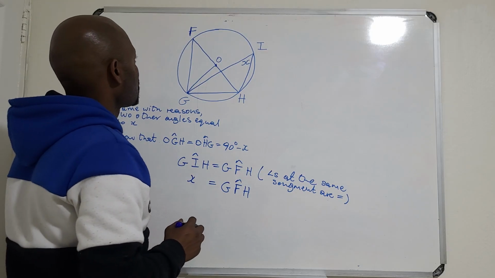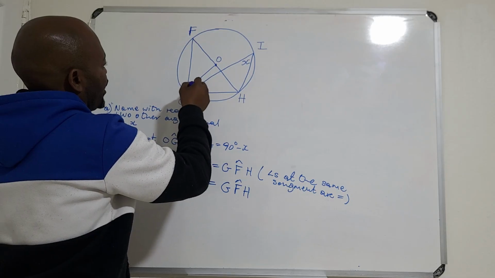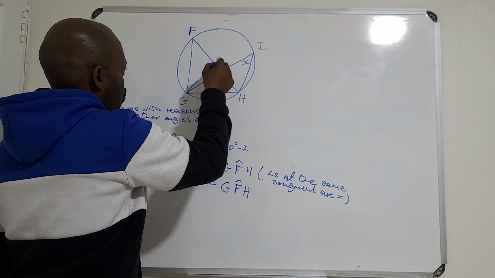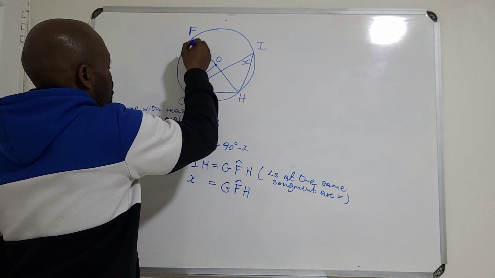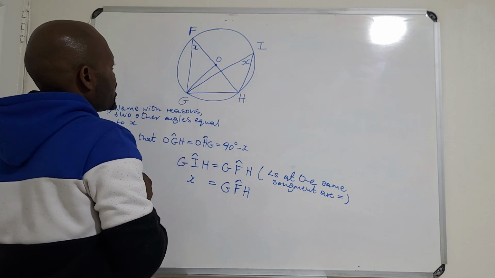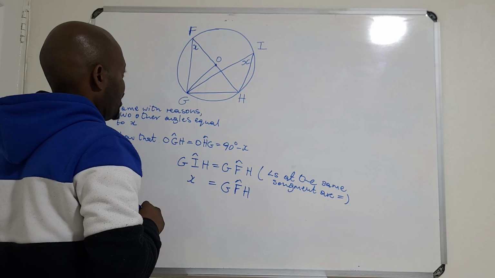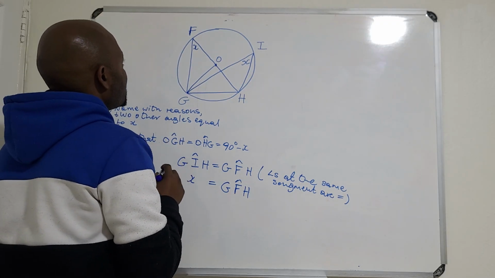Another angle that is equal to x is this angle there, angle FGO. So we know that this angle is x there. So this angle as well is x there. Obviously, why is that? We will give a reason.